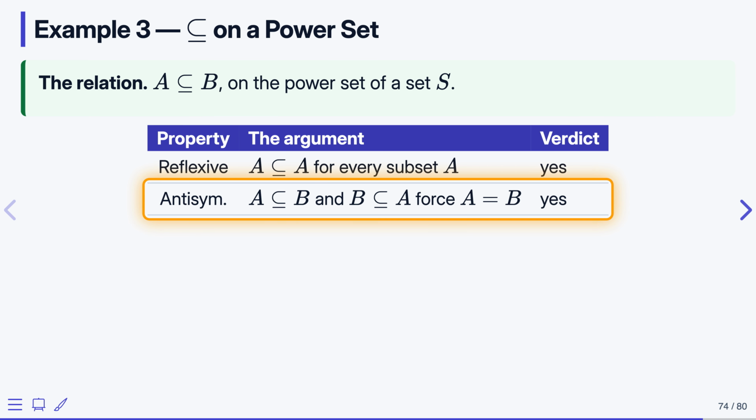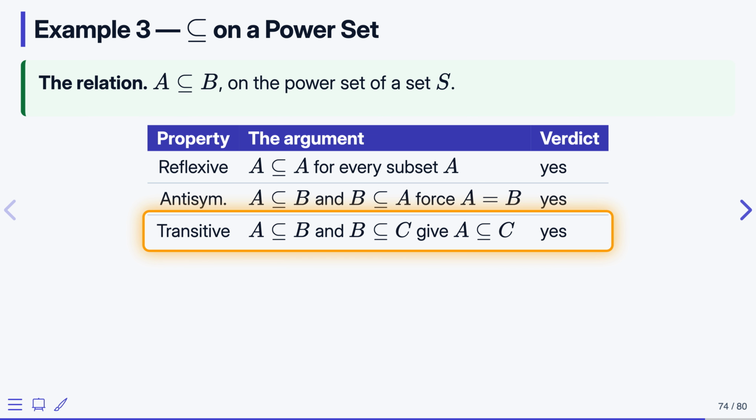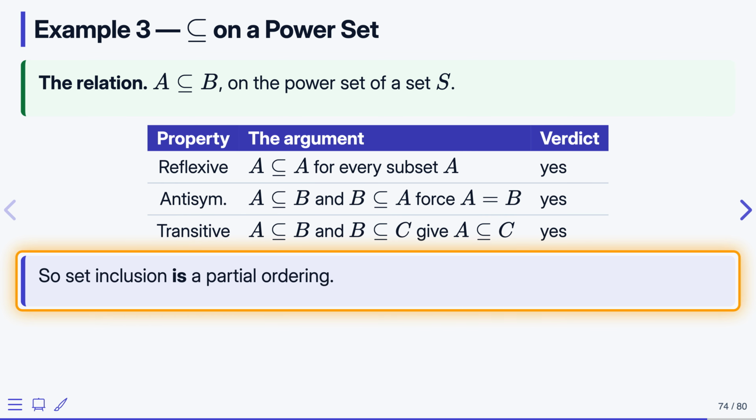This is the standard way we prove two sets are equal. Transitive. Suppose A is a subset of B, and B is a subset of C. Take any element of A, it is in B. So it is in C, so A is a subset of C. All three hold, so set inclusion is a partial ordering.